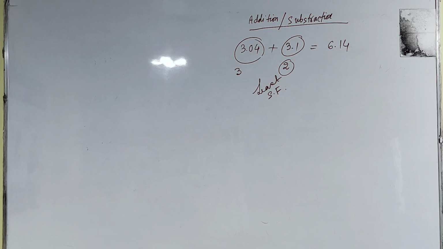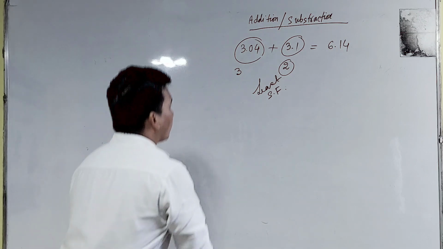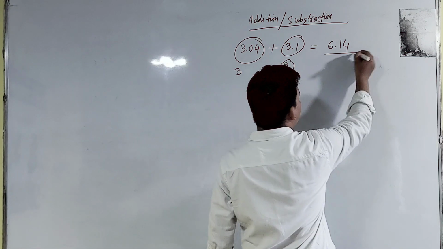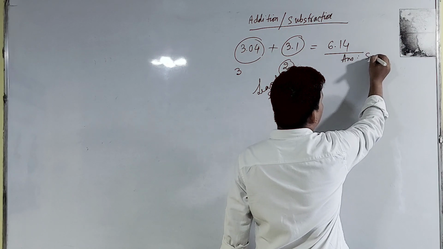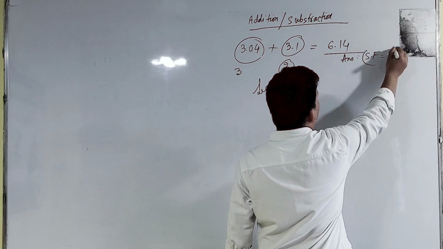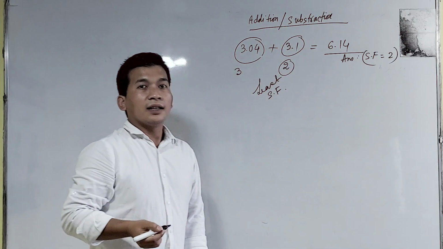The second number, 3.1, has the smallest significant figure, so our answer must also contain significant figures equal to 2. Understood?